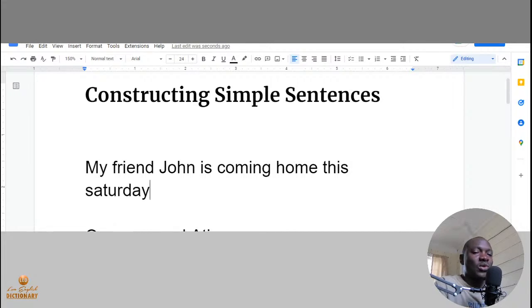Now I want us to turn this into Luo. My friend John can be written as Osiepna. Wait. Osiepna ma John is coming home this Saturday.